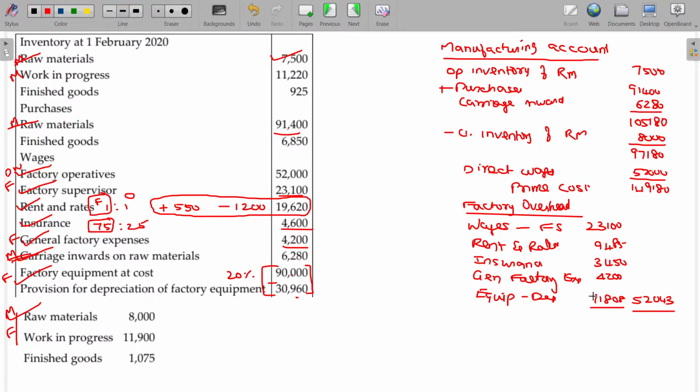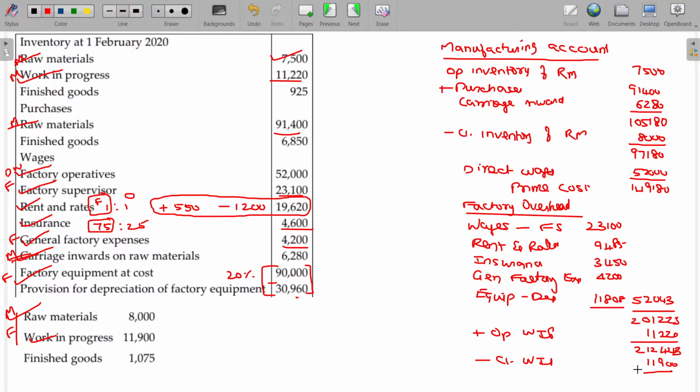If I add this with the prime cost, the total value being 2,01,223. Add opening work in progress. That one is given here, 11,220. Then this value being 2,12,443 minus closing work in progress 11,900.